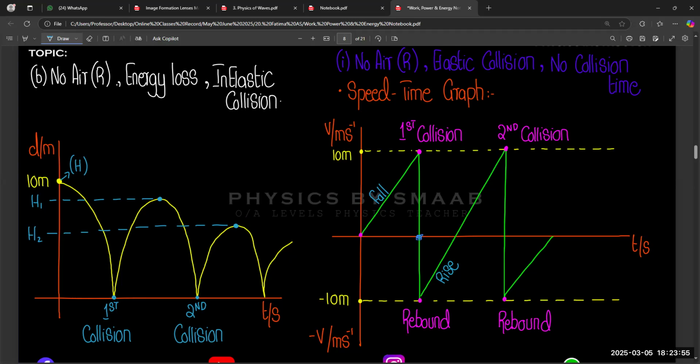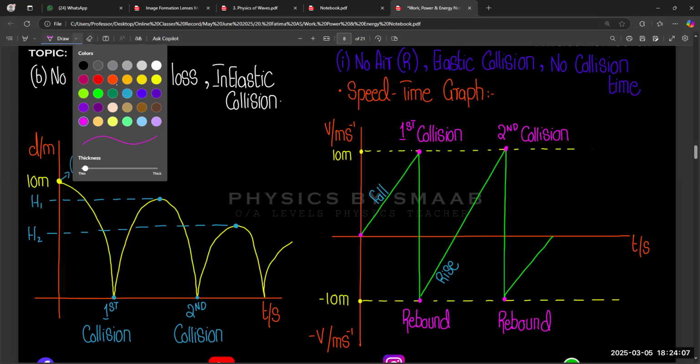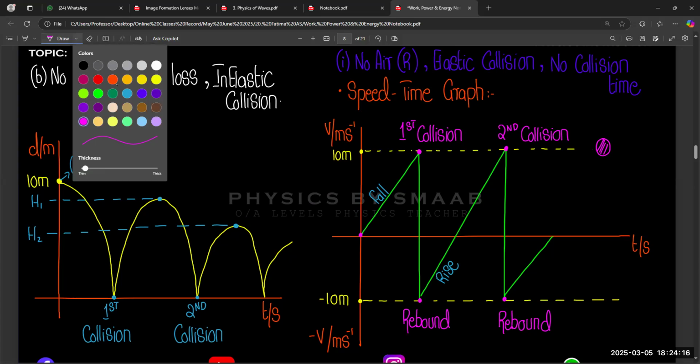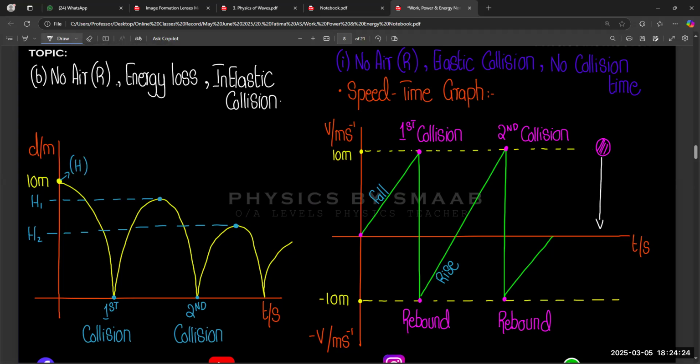To find out the maximum height, think about the ball when you drop it from a height. It moves in downward direction, it hits the ground, and then it rebounds like this. After the first collision, in our graphical representation, first it falls, then rebounds.